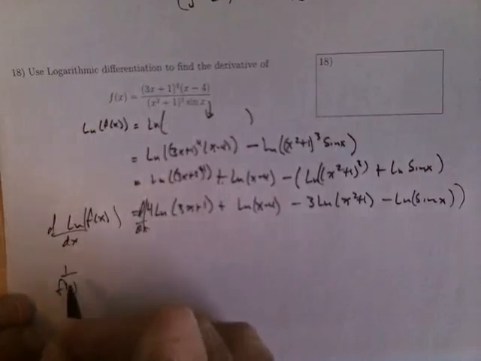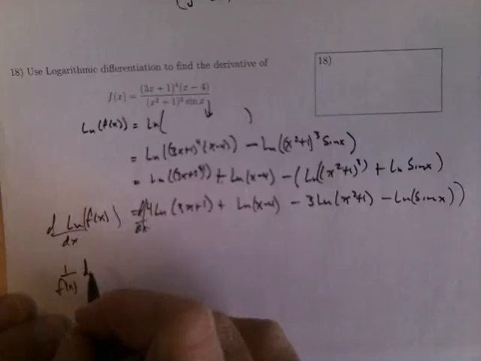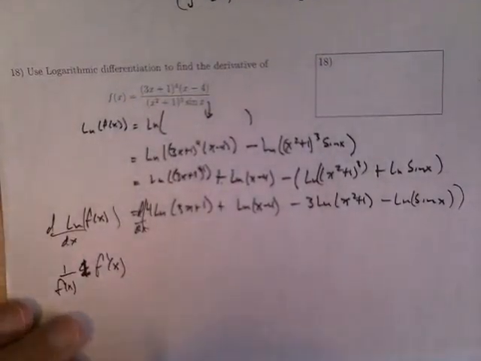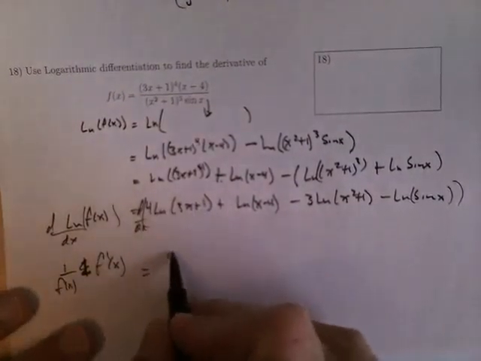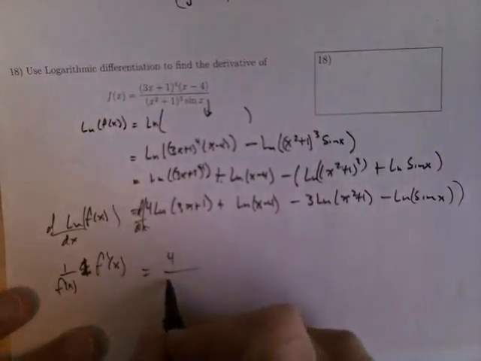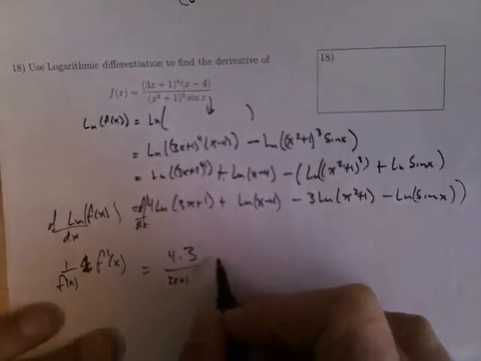1 over f of x times f prime of x equals, and then 4 comes along for the ride, take the derivative of the log of a function, it's 1 over that function, times the derivative of the inside.